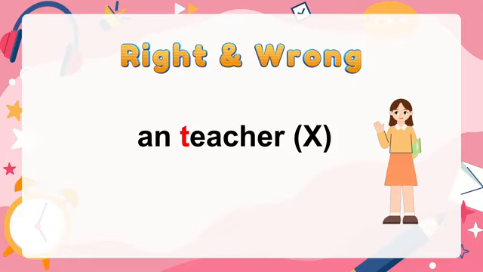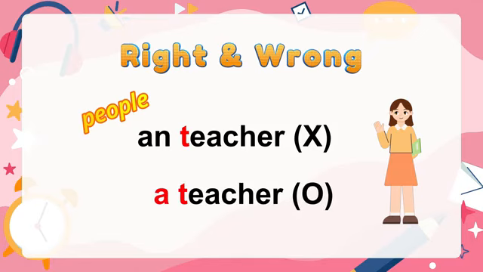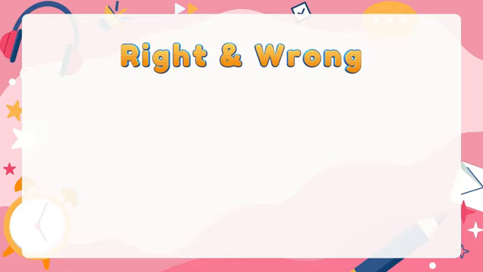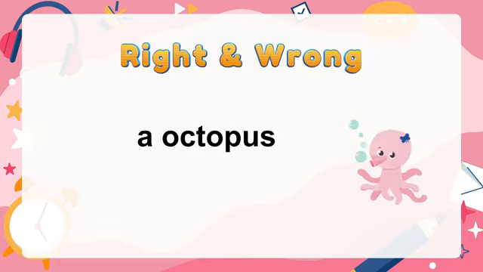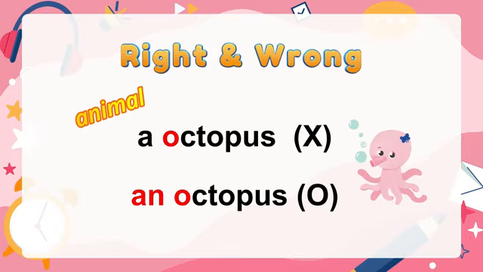Teacher is part of the people section. A teacher. Next is a octopus. This is wrong because octopus begins with a vowel. Octopus is from the animal section. An octopus.